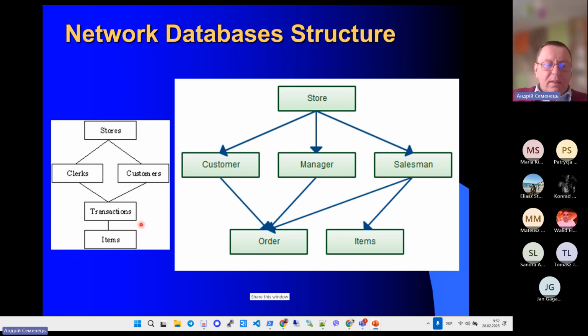At some level, an entity instance in a network model could have more than one parent. A descendant entity has more than one parent.